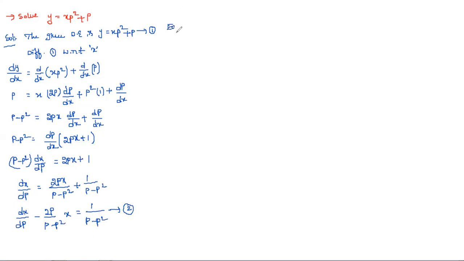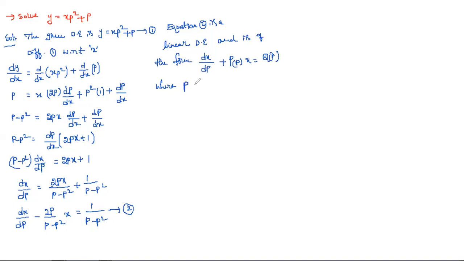So equation 2 is a Leibniz's linear equation, or simply we can write linear differential equation, and is of the form dx by dp plus P of p into x is equal to Q of p, where capital P of p is equal to minus 2p by p minus p square, and Q of p is equal to 1 by p minus p square.